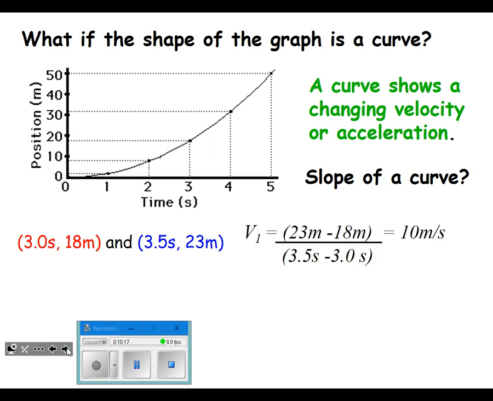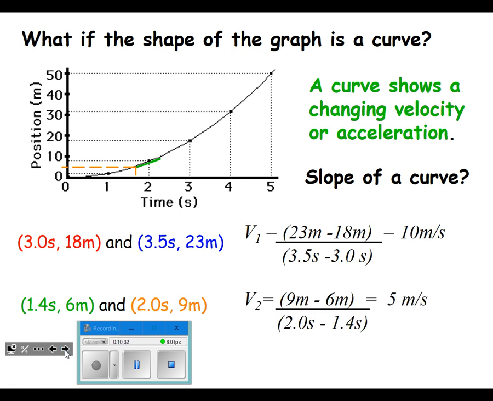And then we could go to a different spot and take a different set of data points. We could say 1.4 and 6 meters and 2 and 9 meters, and find that. Then we could take those two velocities and divide by the time difference between them. So there's a lot of different ways to do it. But it is changing velocities. It's not the same the whole time. It's accelerating.